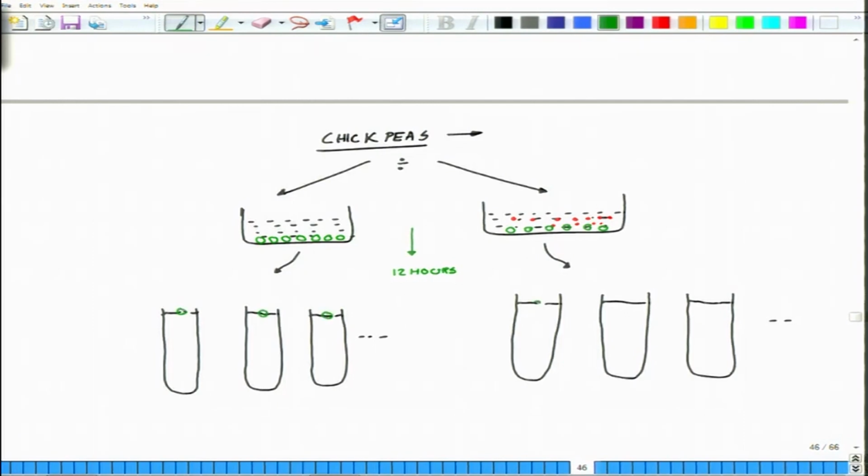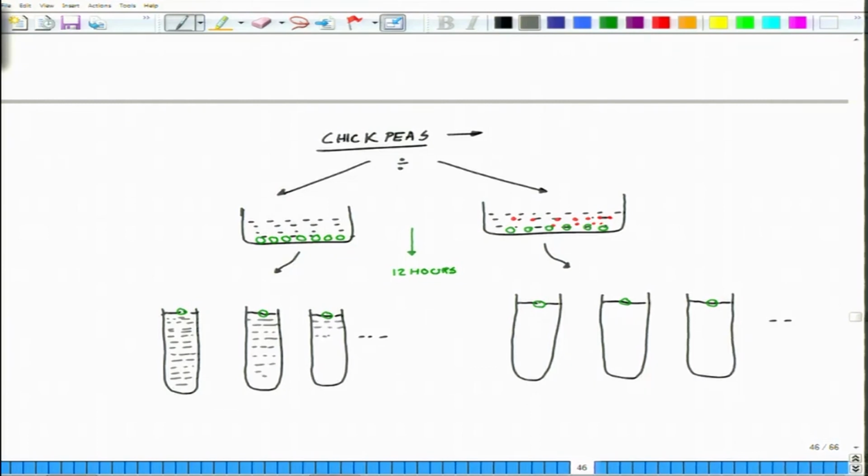You place a single seed on each one of these parafilms, and on that you have just simple water. Now what you are essentially trying to do is a germination test, and you wanted to see the growth in pure water.